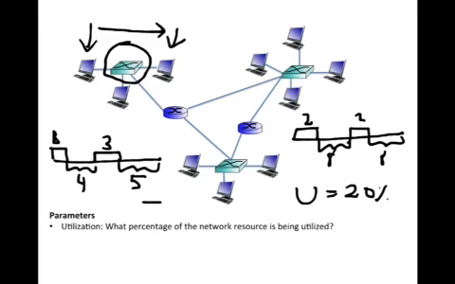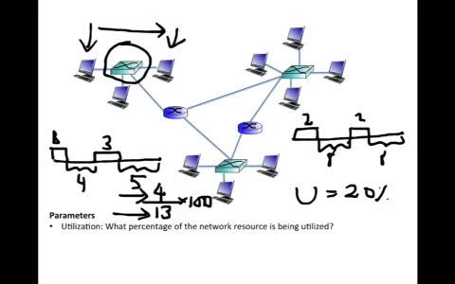So there are 13 units of time, and out of the 13 units, only 4 of them are actual transmission, and the remaining 9 of them are idling. So the utilization is only 4 over 13 times 100. So you get a percentage based on what portion of the time there is actual data transmission happening, over the entire portion of the time which you are taking into consideration. And this is utilization of a given resource.